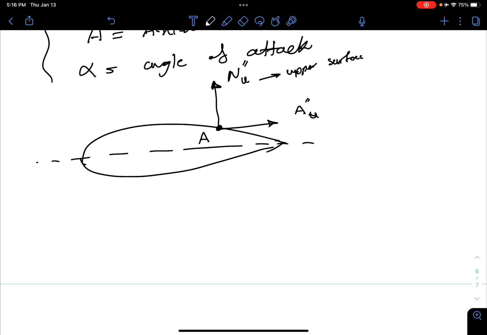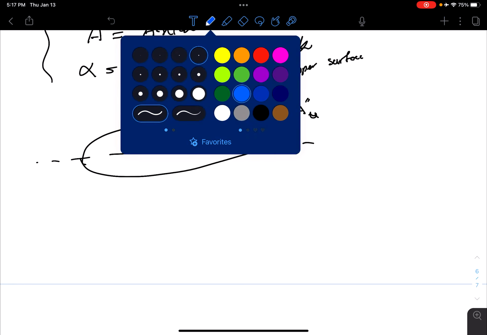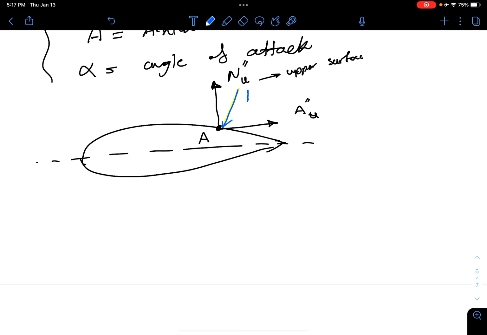Pressure is always normal to your surface. So this will be the direction of pressure, right? What about shear? Tangent to the surface. And we are going to call the angle between these theta, which is a function of the shape of the airfoil. So if you have the equation of the line for that airfoil, you essentially have theta. Does that make sense?